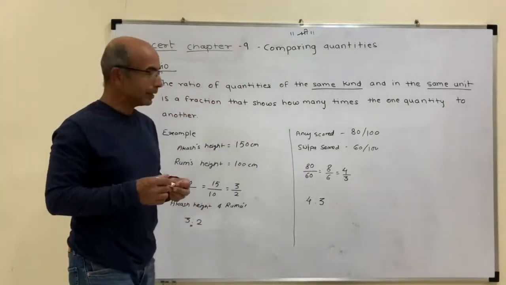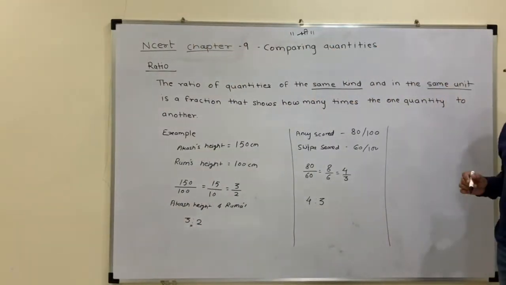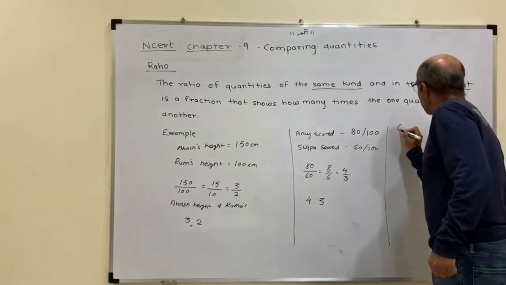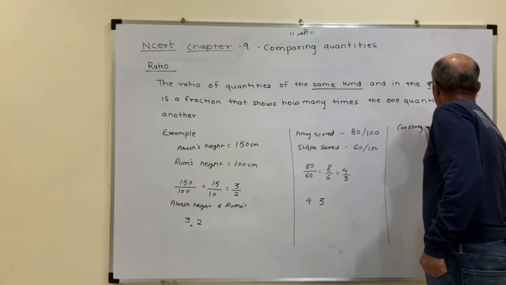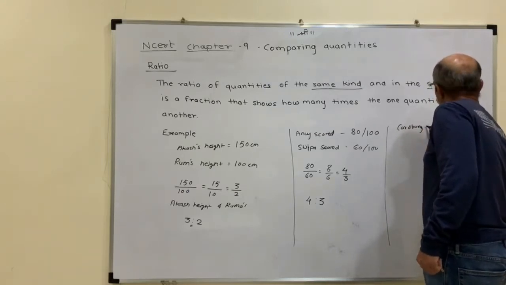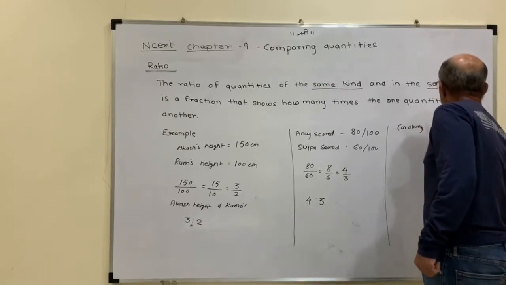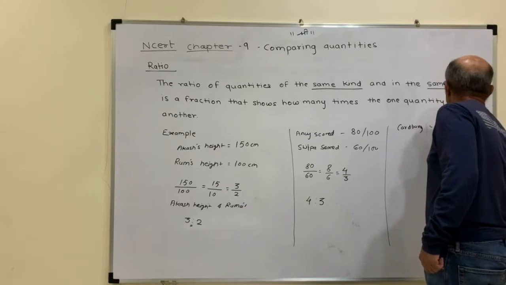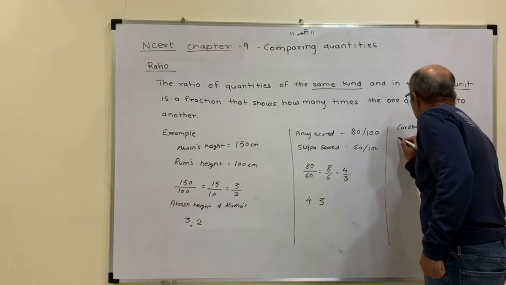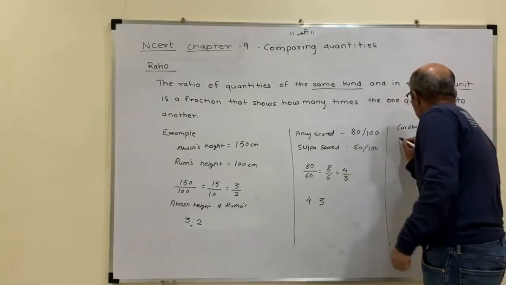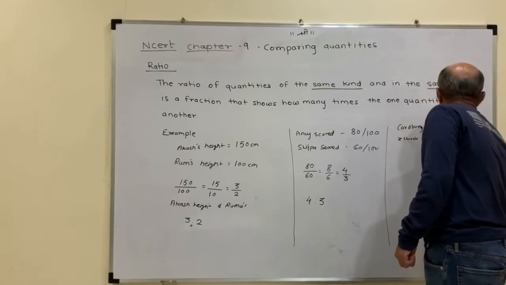Now let's understand this with another, different example. Say a Cadbury costs 200 rupees. And now this other chocolate, which I give the name H chocolate, costs 20 rupees.